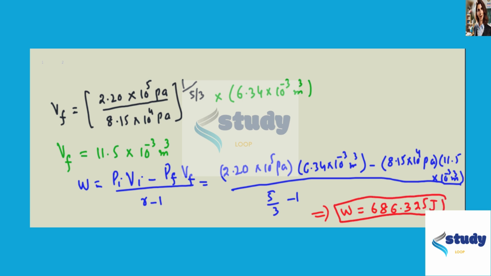Now we want to calculate the work done in the alternative process. In the alternative process, the gas is cooled isochorically first to the final pressure, then it is isobarically expanded to its final volume.